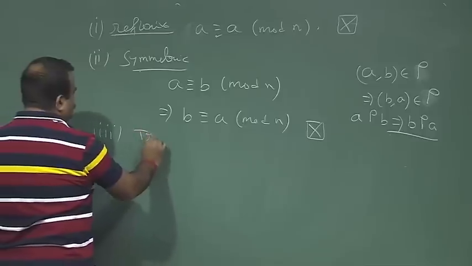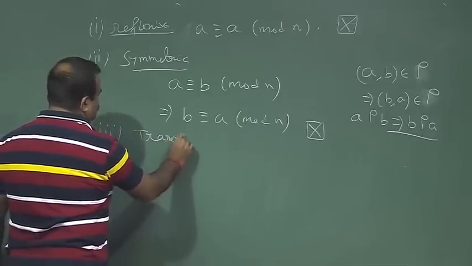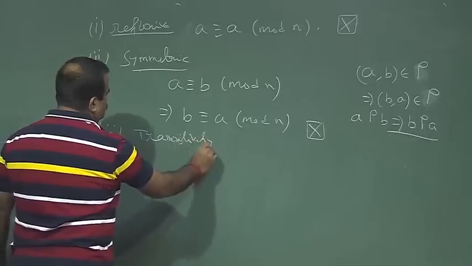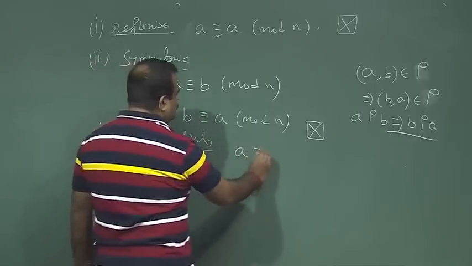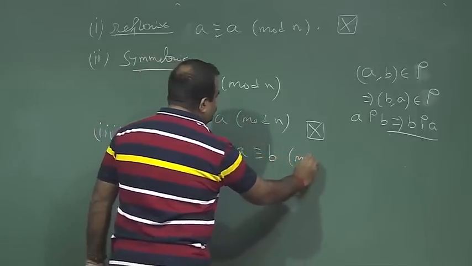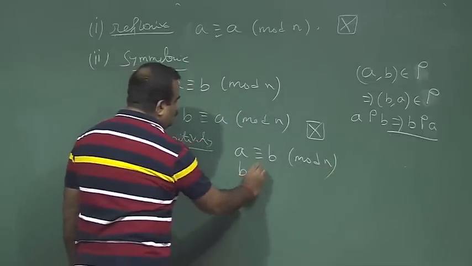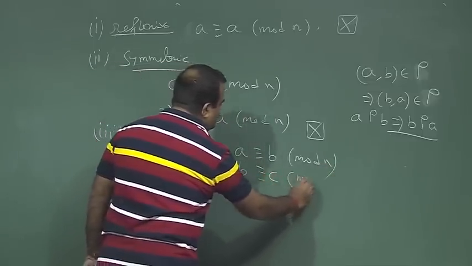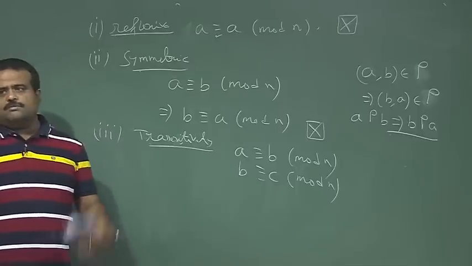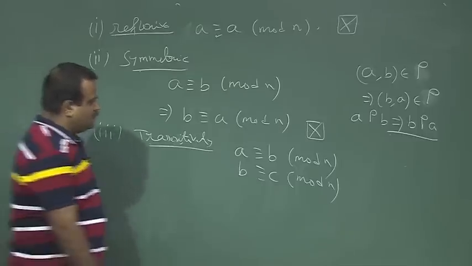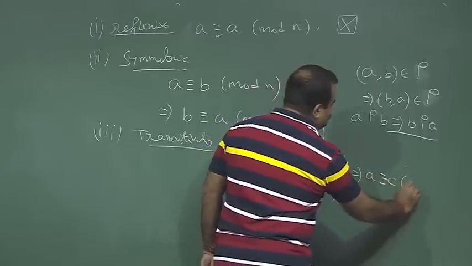Now, the third property is transitivity. So this relation is a transitive relation, that means if a is congruent to b mod n and b is congruent to c mod n, then we have to show that a is congruent to c mod n.